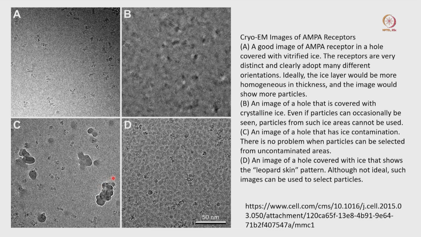But what about those large contaminations? Those are basically ice contamination, or sometimes, if there is impure liquid nitrogen or impure liquid ethane, the contamination comes from those liquids also.